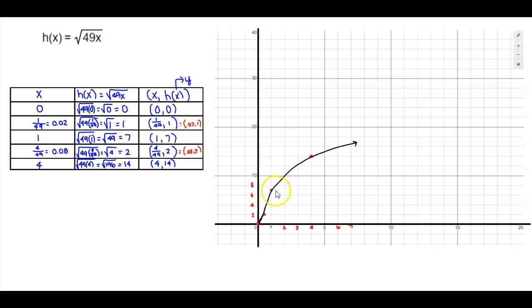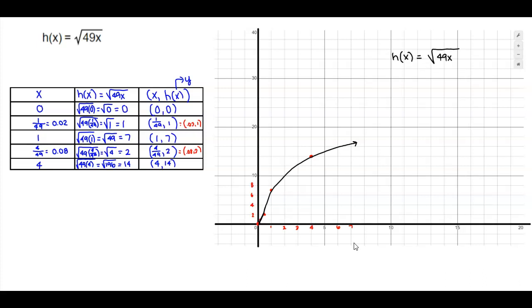Okay, now the next thing that we want to do is figure out what happens when we look at this graph on our answer. So we have h of x, which is equal to the square root of 49x.